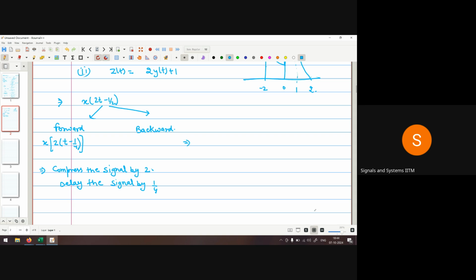In the backward approach, delay the signal by 1 by 2, then compress the signal by 2. Now check.